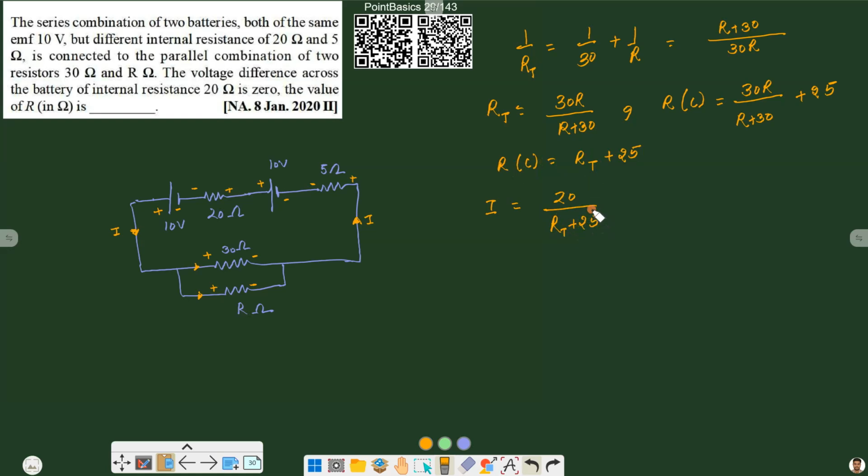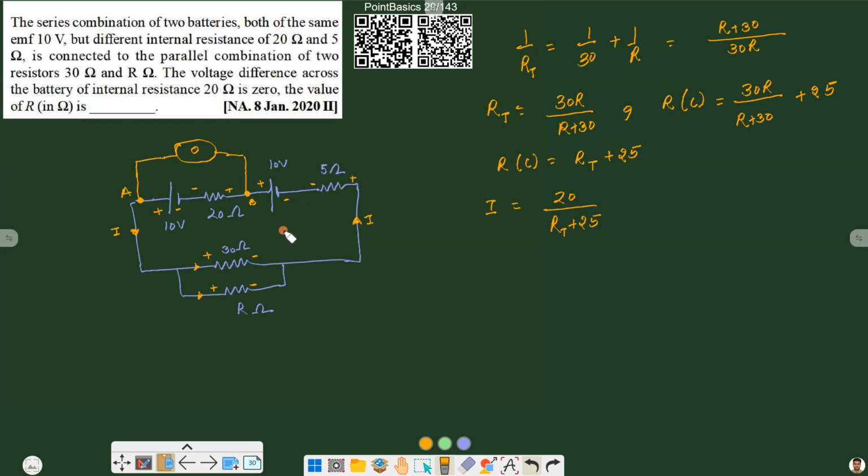So now we will apply Kirchhoff's law of potential. Now suppose this is our point A and this is our point B. Now as per the question, the potential difference between both of these points is zero. As mentioned, the voltage difference across the battery of internal resistance 20 ohm is zero.